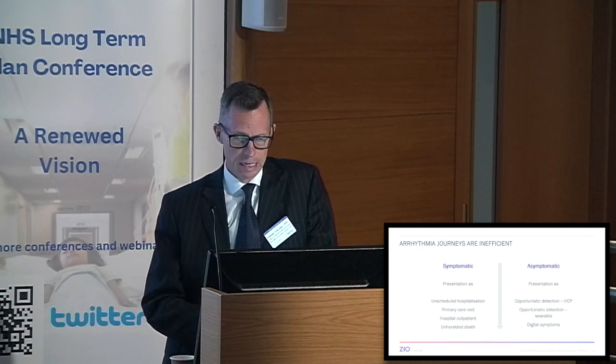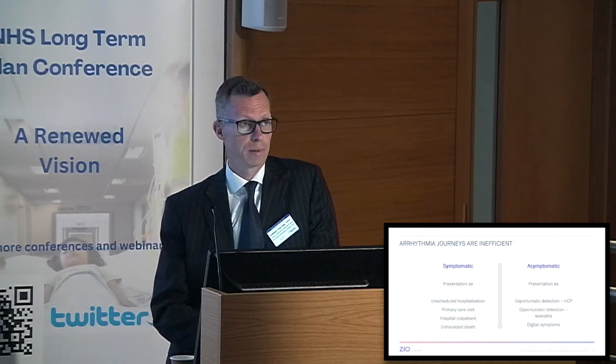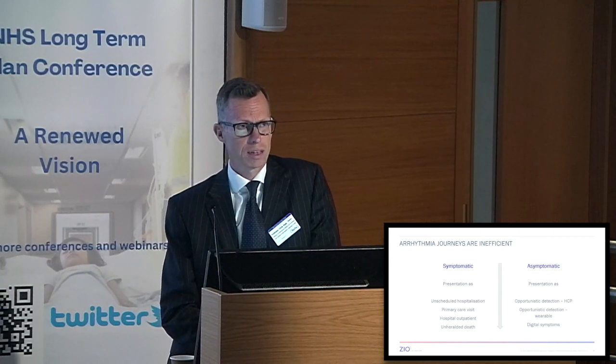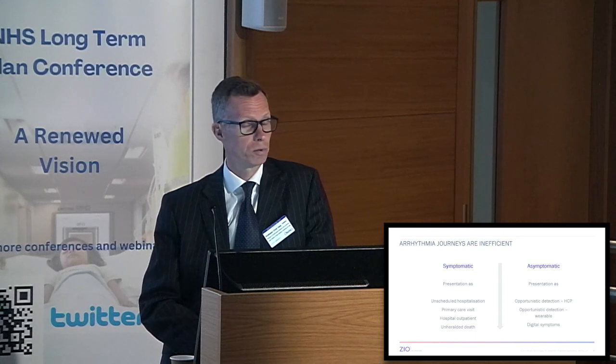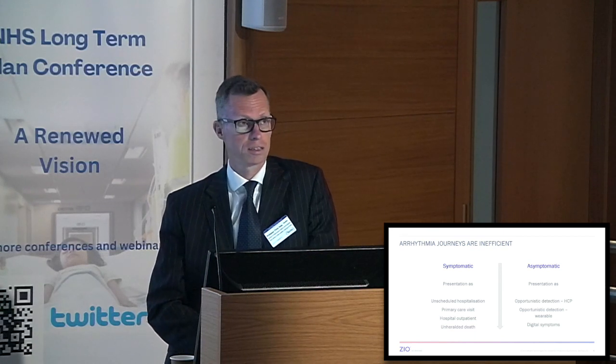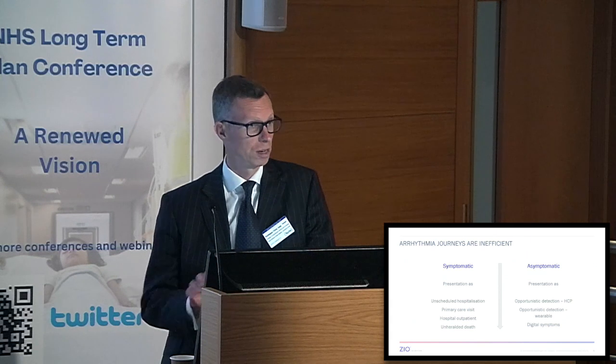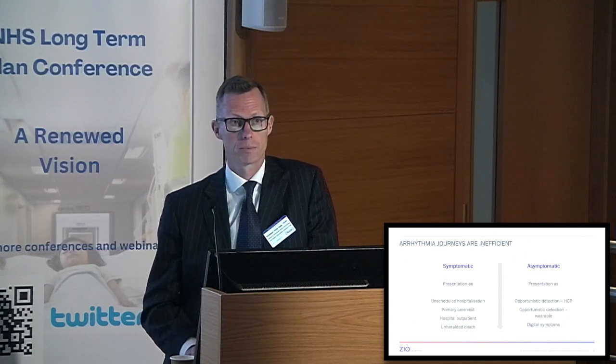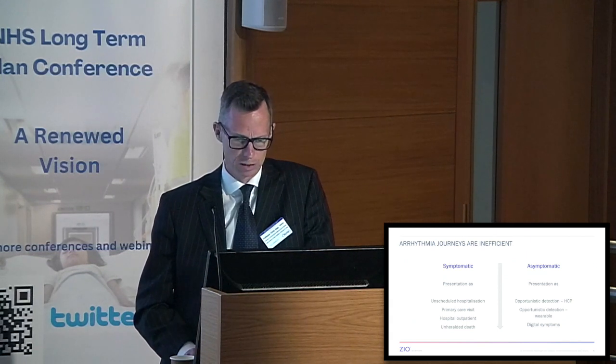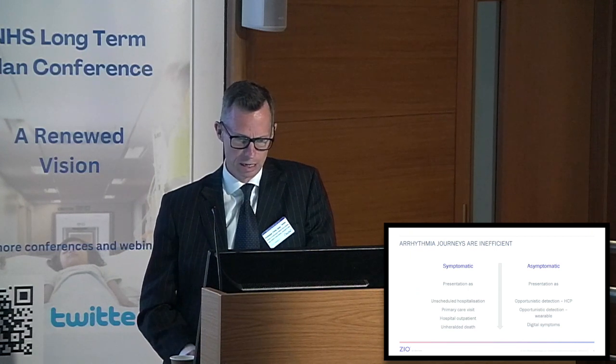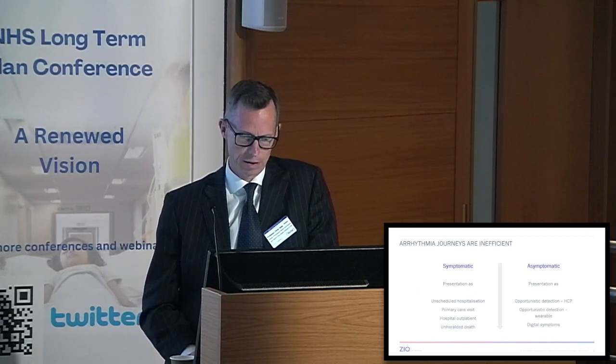In terms of the asymptomatic pathway, that's more about screening, but what I like to phrase as targeted identification, because we're not really allowed to screen at the moment in terms of arrhythmias. That's the National Screening Program Directive.